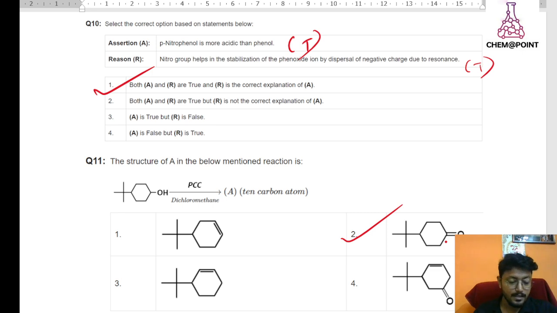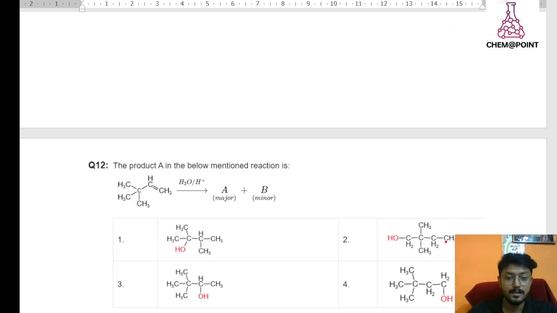Now next question. Dear student, it's a very interesting question. The product A in the below mentioned reaction is... I will solve this question so you can understand why option A is the correct answer.